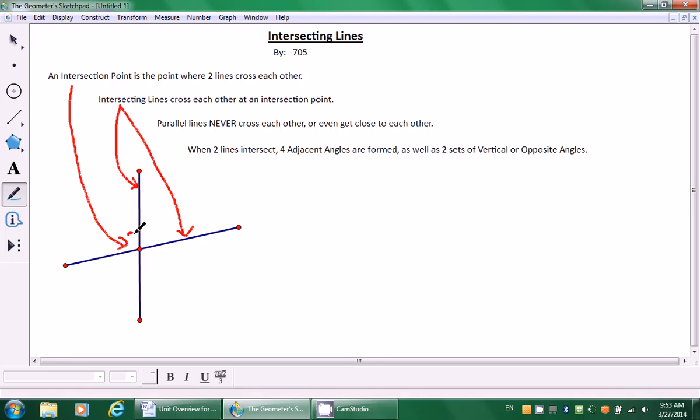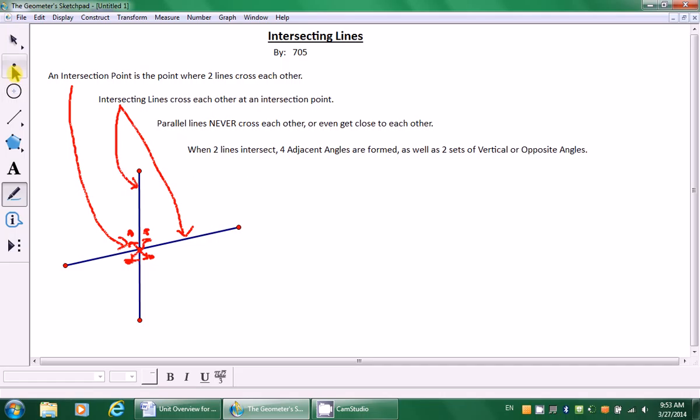So that is this angle, this angle, this angle, and this angle, as well as two sets of vertical or opposite angles. So the vertical angles are across from each other. They are called opposite angles or vertical angles. And there we go. A little bit messy, but that's okay.